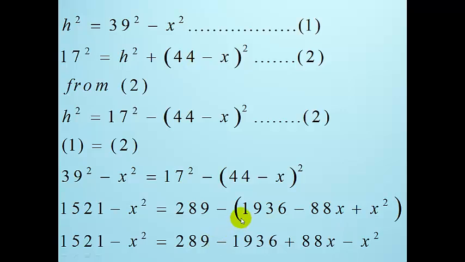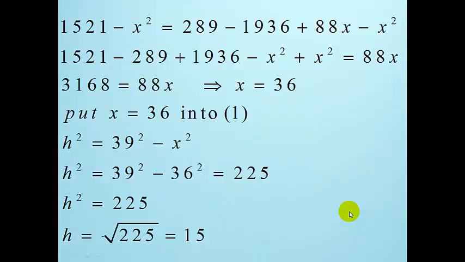Because we are opening the bracket, take note that we have minus 1 outside the bracket, and therefore minus 1 multiplies all the terms in the bracket. So minus 1 times 1936 will be minus 1936, and minus 1 times minus 88x will give us plus 88x, and minus 1 times plus x squared will give us minus x squared.